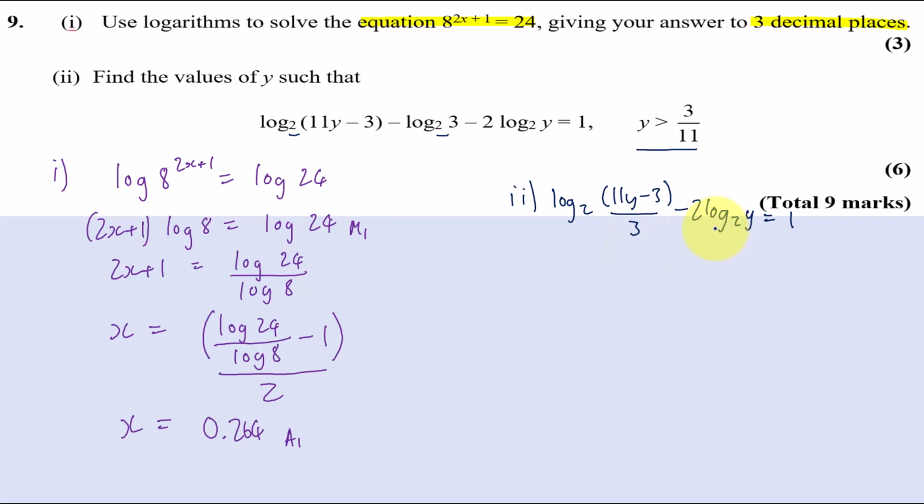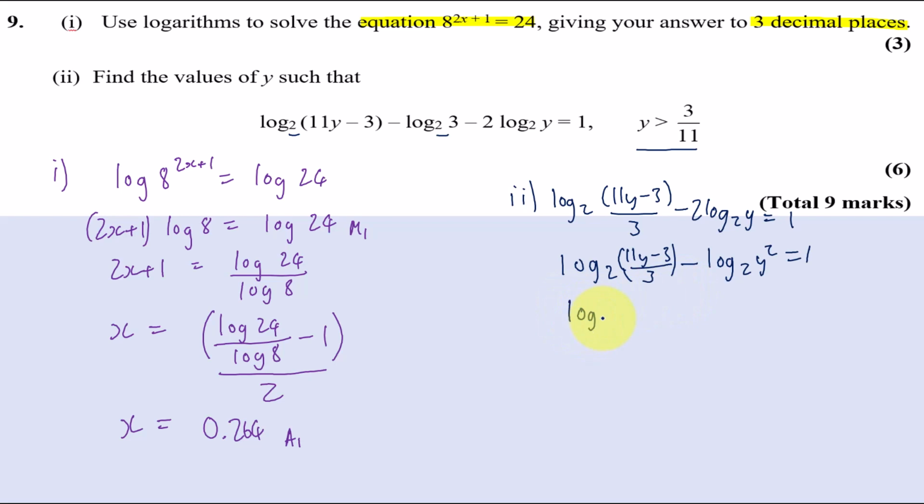But we're minusing this again. Now, remember the power law, it makes it easier to make this equals 1. Now when you're good at logs, you can jump some of these steps. I'm just doing that so you can see this. Right, so we can divide by y squared as well, using the division law or subtraction law.